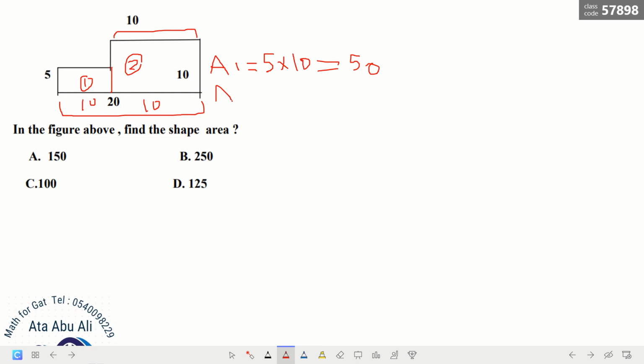Area 2, the big one, is equal to 10 times 10, which is 100. Then I add the two areas, 100 plus 50, it's equal to 150. So the answer here is A.